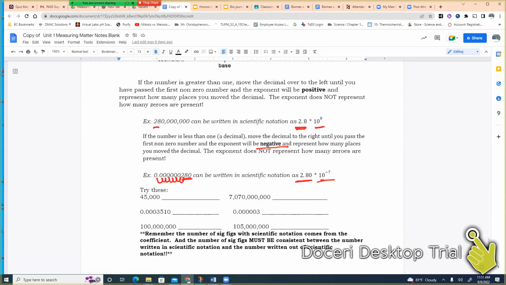All right, what do we get for our first one, our 45,000? 4, perfect. What about that number? 2.5. Negative what? Negative 4. All right, what about on our 7 billion number?